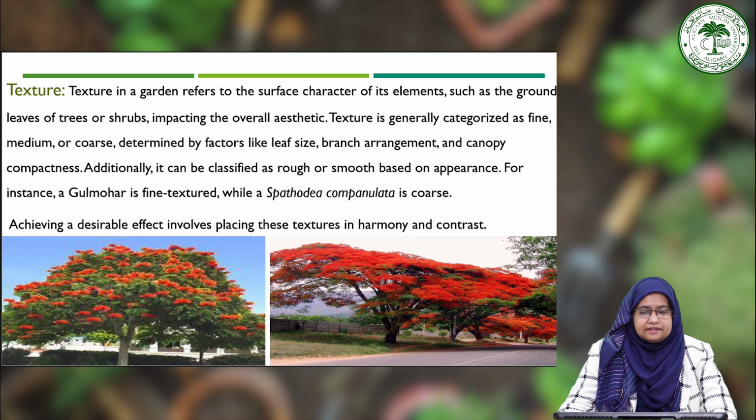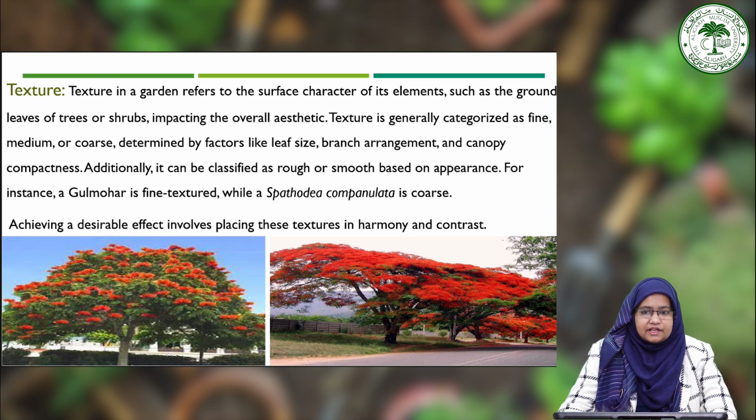Then, texture. The surface quality of a garden element is known as texture, as we have already discussed in elements, which encompasses the ground, leaves of trees or shrubs, determining the overall garden effect. Typically, texture is categorized into three types: fine, medium, and coarse, influenced by leaf size, branch arrangement, and canopy density.